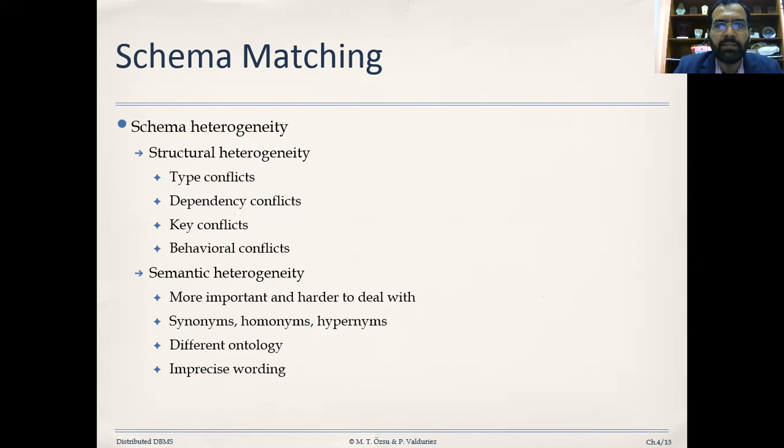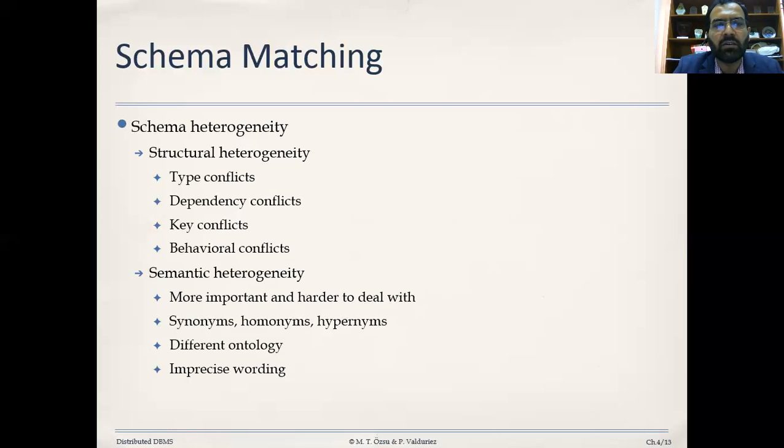So we might have key conflicts, not necessarily the same key attributes in all the local conceptual schemas. And the last is behavioral conflicts. The definitions themselves, how we define those various attributes and what they actually represent, is also a kind of behavioral conflict which we have to resolve whenever we talk about schema matching.